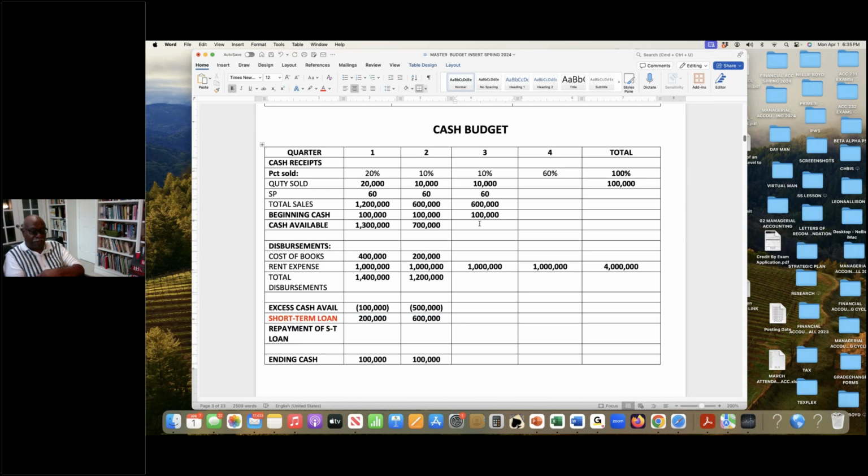So the cash available is 700,000. The books will cost you 200,000 again. Total disbursements 1,200,000. So you're short 500 again, so you'll have to borrow 600 again.